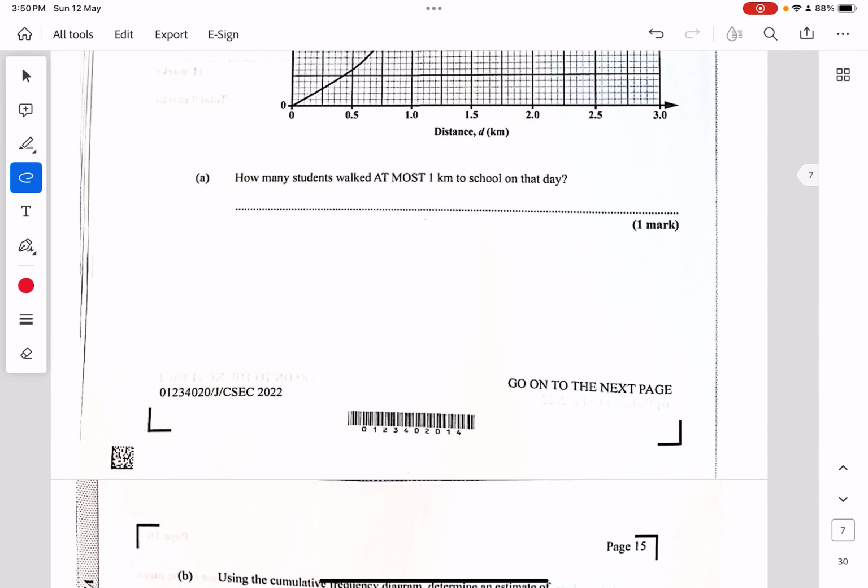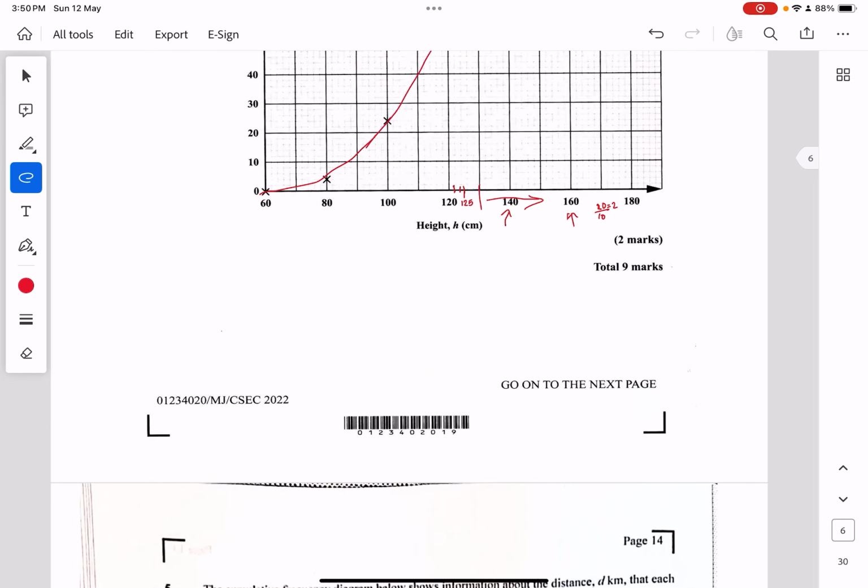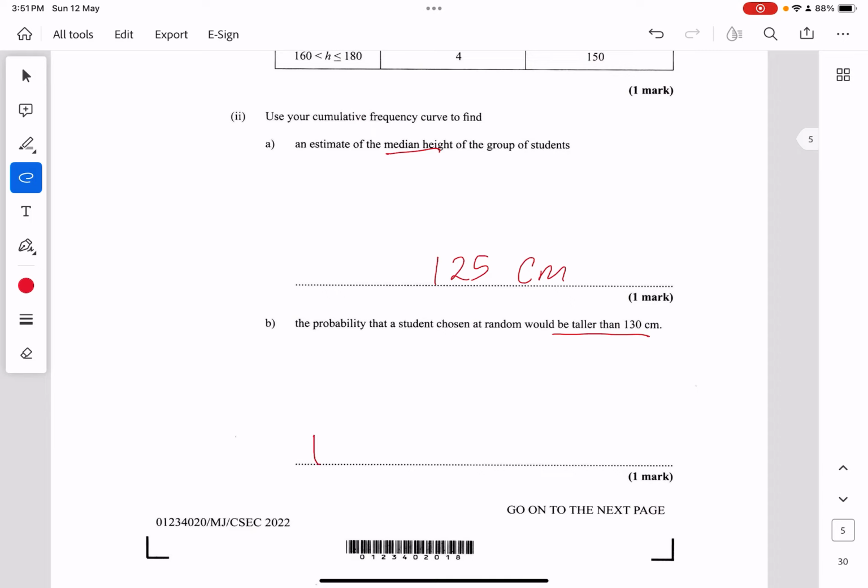50 students out of the total. It's probability we're finding, so therefore we have to put it over the total. So how do we write this? Probability that a student would be taller than 130.